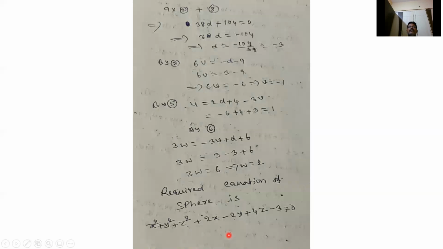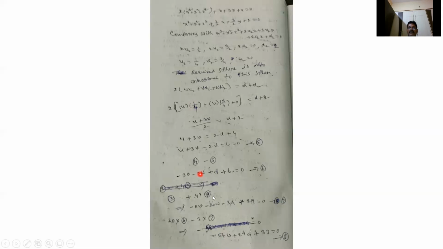Just here multiply by 9: 9 into 2 plus 8, we get 54v, and adding this, minus 54v will be cancelled.